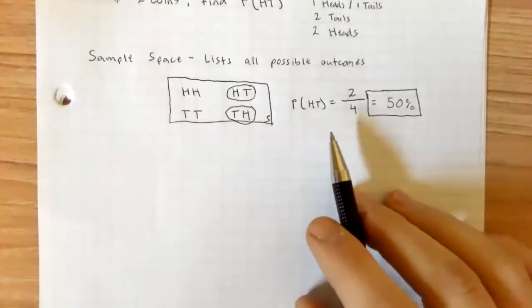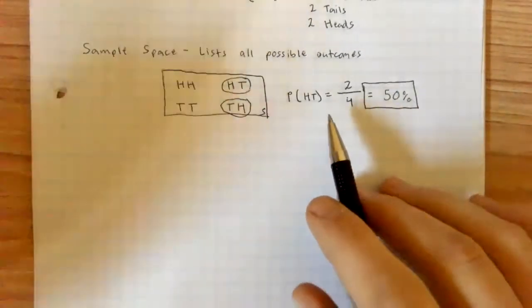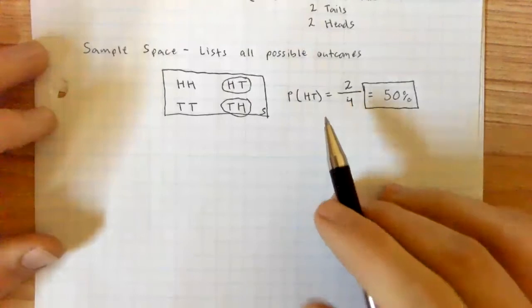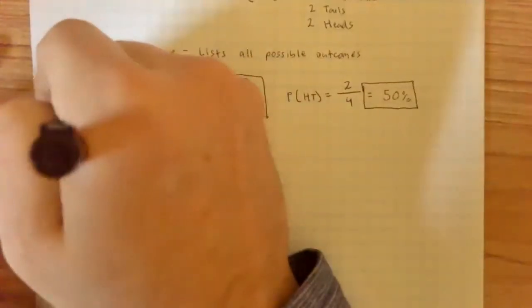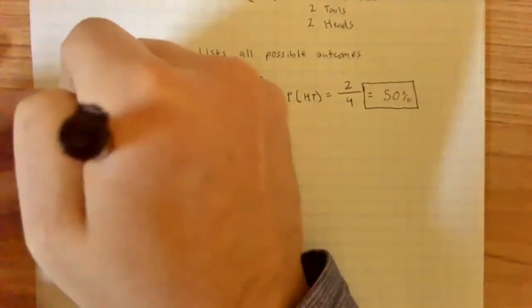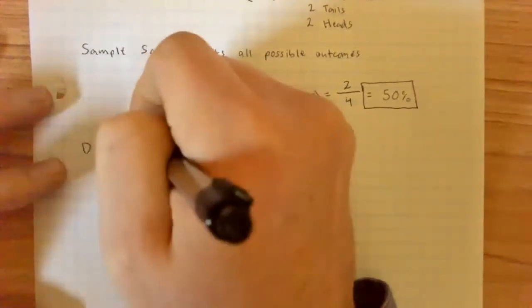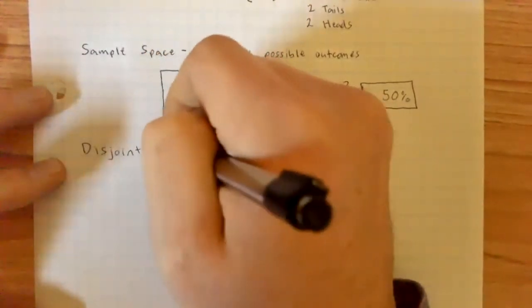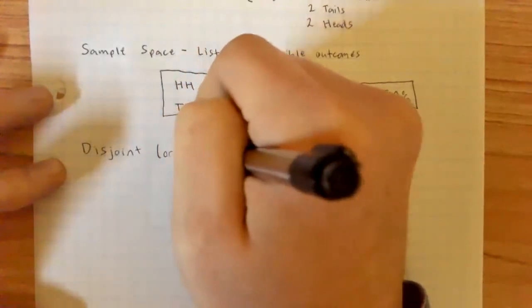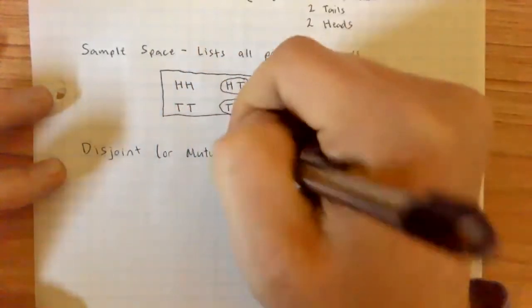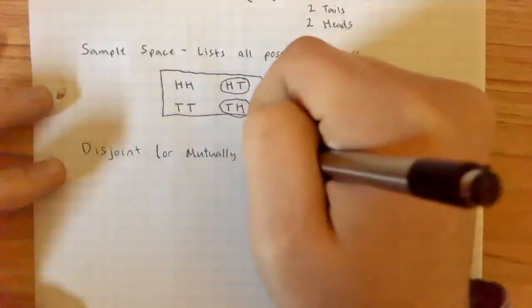Now, I'll give you a couple more definitions to wrap up this video, things to keep a lookout for. We are going to need to know what disjoint means. Another word for that is mutually exclusive. You'll see both of these terms used interchangeably as we work through the course.